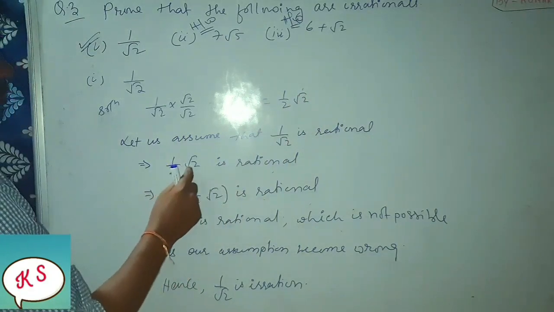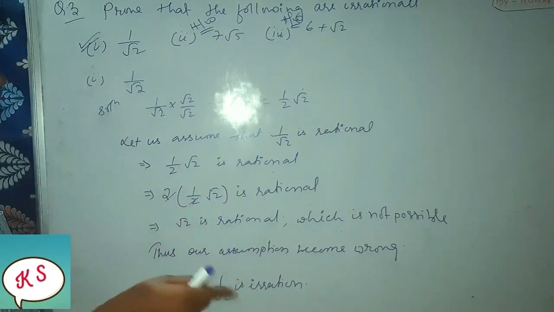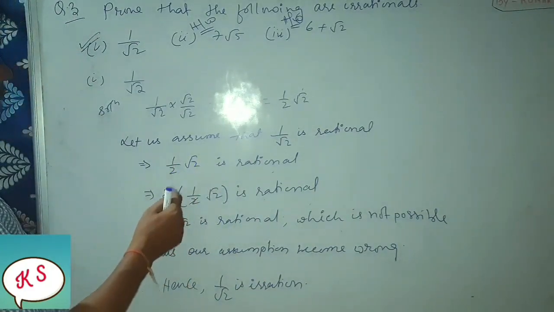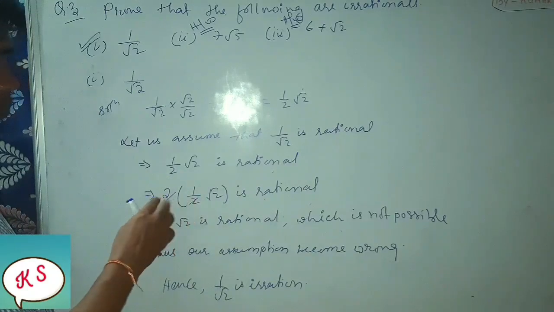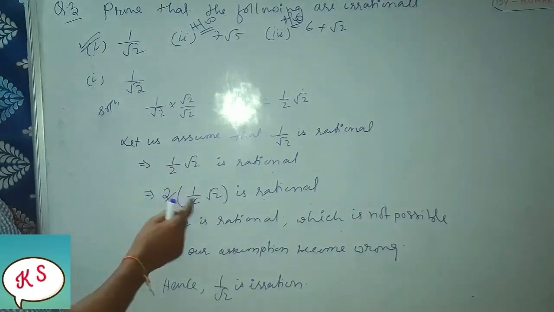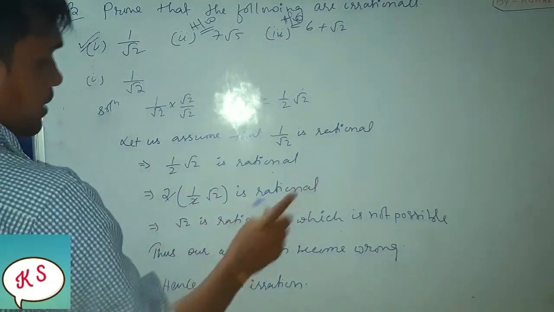So we have written that 1 by 2 root 2 is rational. Next, we multiply this rational number by 2. When we multiply it, you find that these two cancel. What is left? Root 2 is rational.